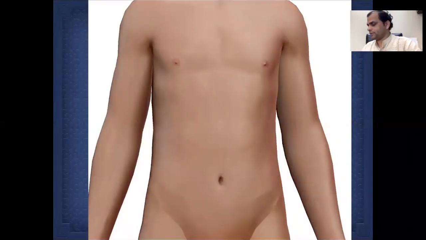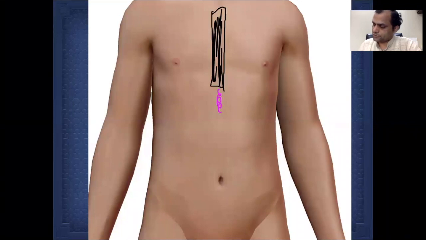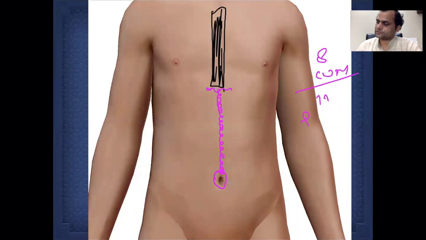In the abdomen, this is the chest bone or sternum bone. If from this we go down, down, down till the navel, this total length is 8 chun or 11 fingers.